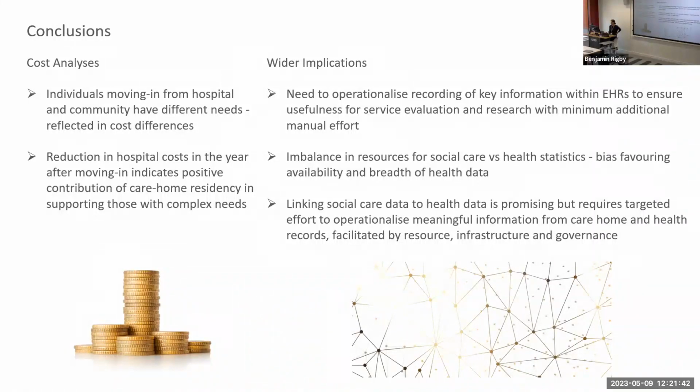We also observe quite an imbalance in resources for social care versus healthcare statistics, a bias favoring the availability and breadth of health data versus social care data. And finally, linking social care data to health data is promising, but requires targeted effort to operationalize meaningful information from care home and health records, which should be supported by adequate resourcing, infrastructure, and governance.